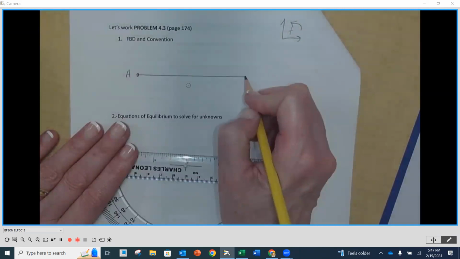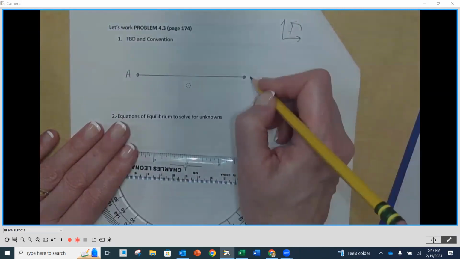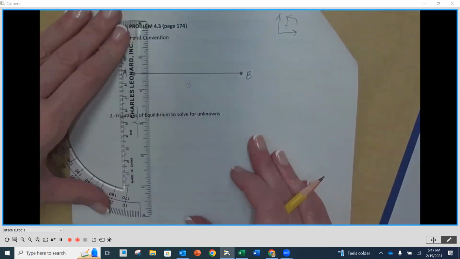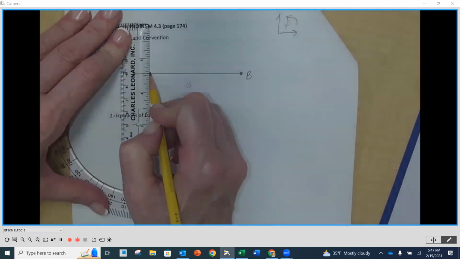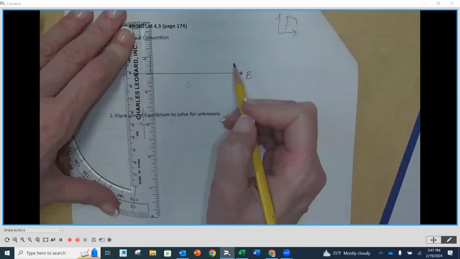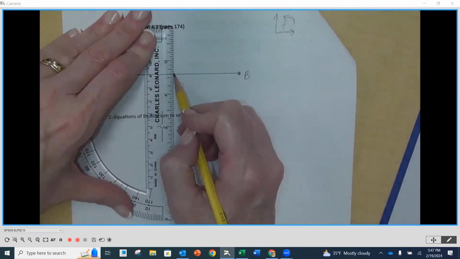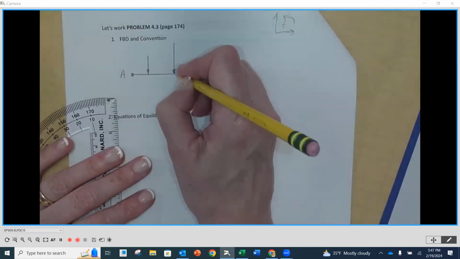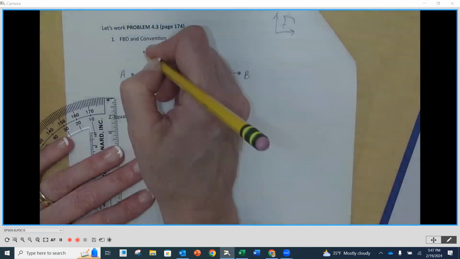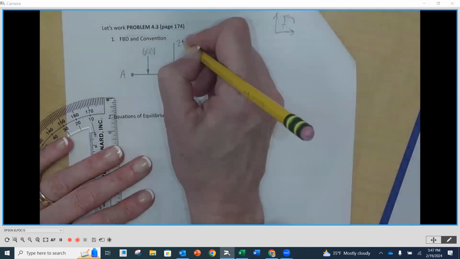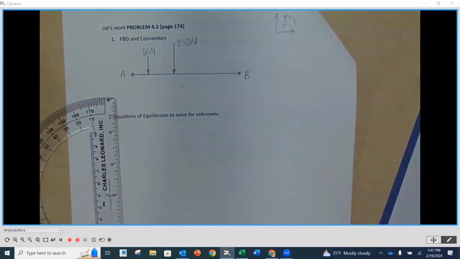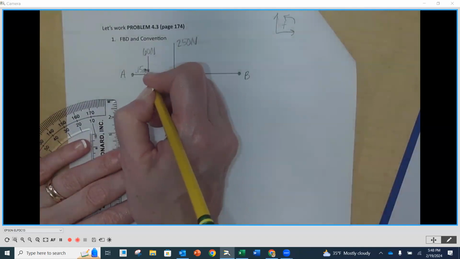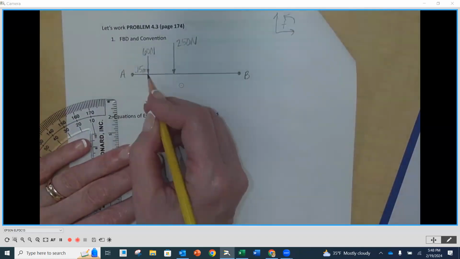We're going to call where she's lifting B. And then we've got two forces in between, the 60 newtons and the 250 newtons. Those are both going to go down as shown, because they're weights. This is 60 newtons and this is 250 newtons. This is 0.15 meters between A and the 60 newtons.